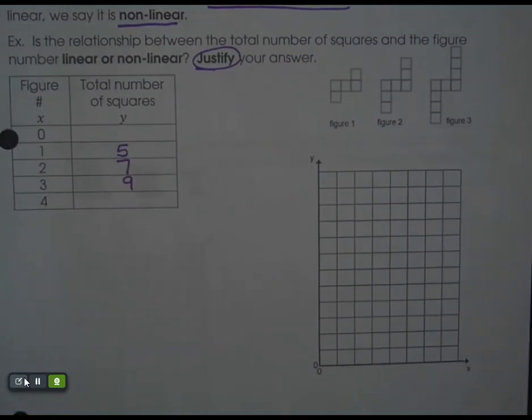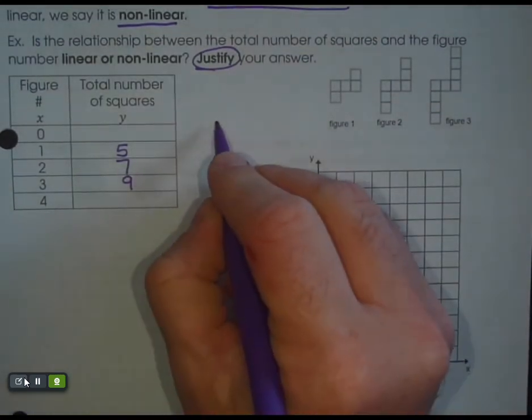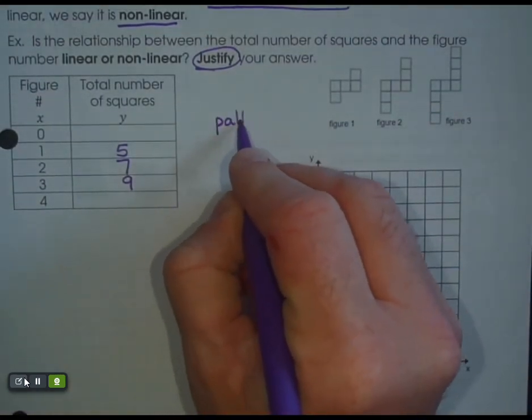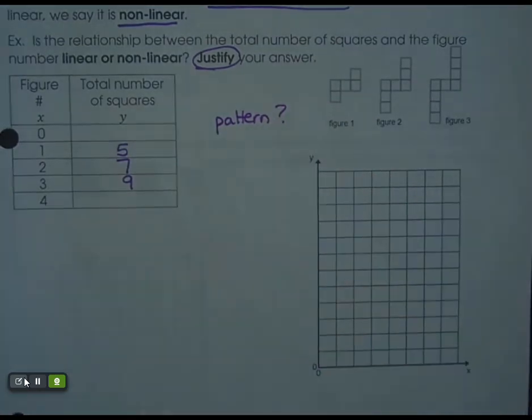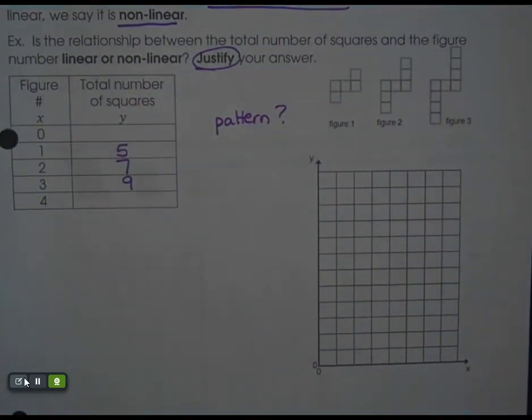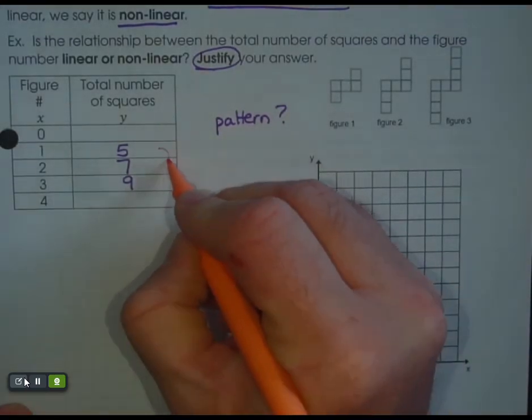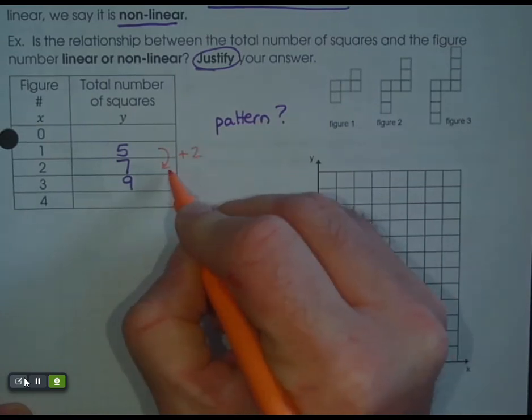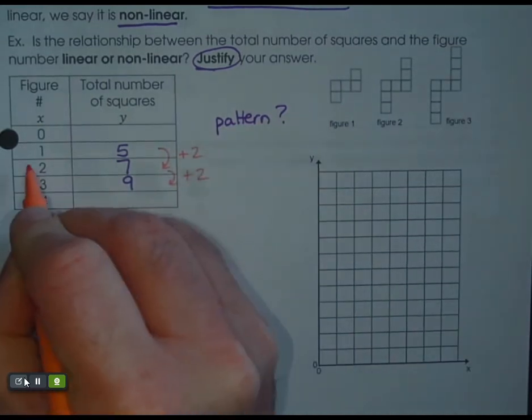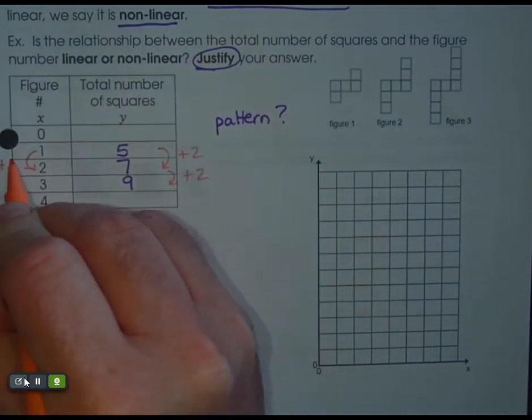And you ask yourself, okay, is there a pattern? And just like with any math, you ask yourself, okay, can you continue that pattern? And hopefully you'll notice here that all these increase by 2 as these increase by 1.